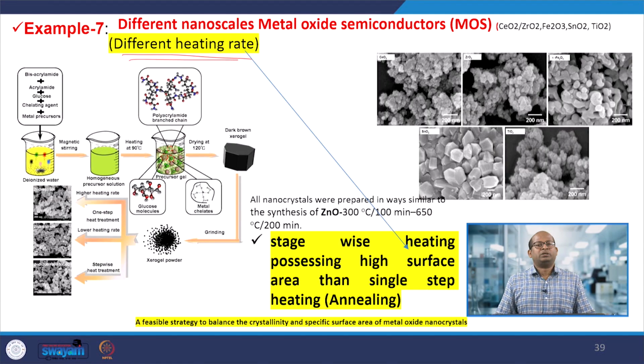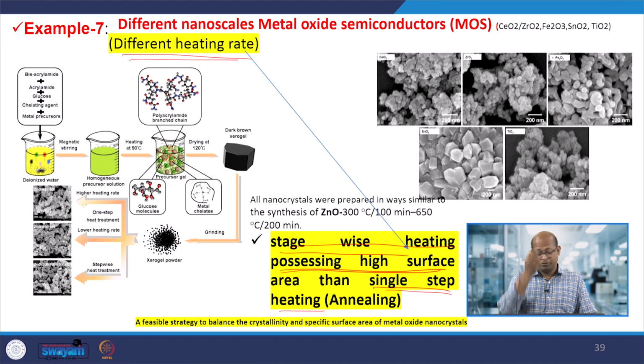We can heat at low or high temperature, with low or high heating rates, once we prepare the material, and the structural property will change accordingly. Here you can see stage-wise heating is much better; it gives materials having high surface area rather than single-step, sudden heating.